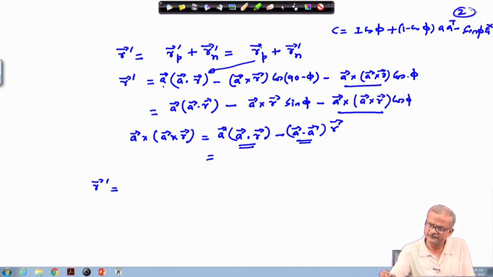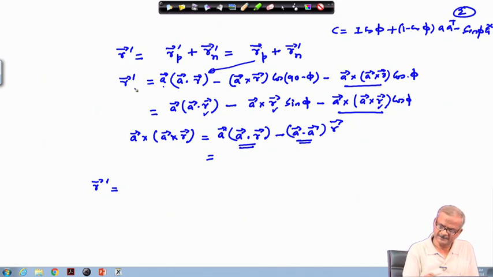This is what we are looking for. So, we will try to reduce this vector into this form. Ultimately there is a matrix which is operating on this vector r, and that rotates it and changes it to the vector r prime. So, our objective is to reduce it to this format.